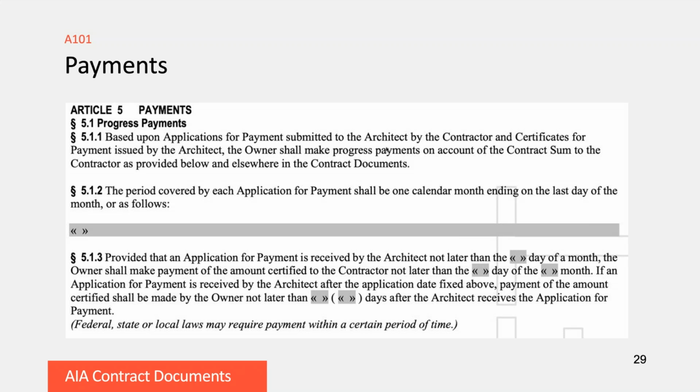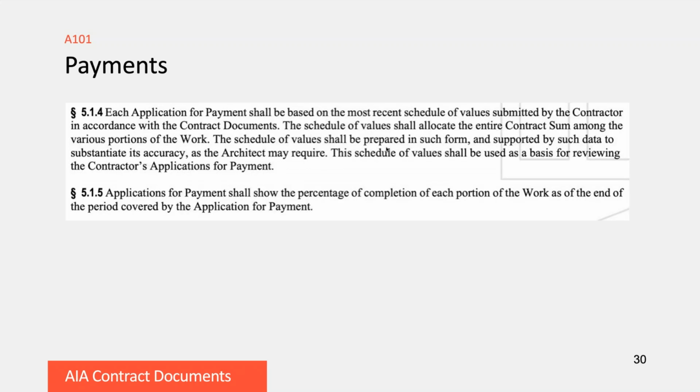In 5.1.3, you might begin to identify which day of the month the application for payment has to be received by the architect, and how long the architect has to review it before the contractor is entitled to be paid. So these are details that you're going to want to sort out when you're executing the contract.